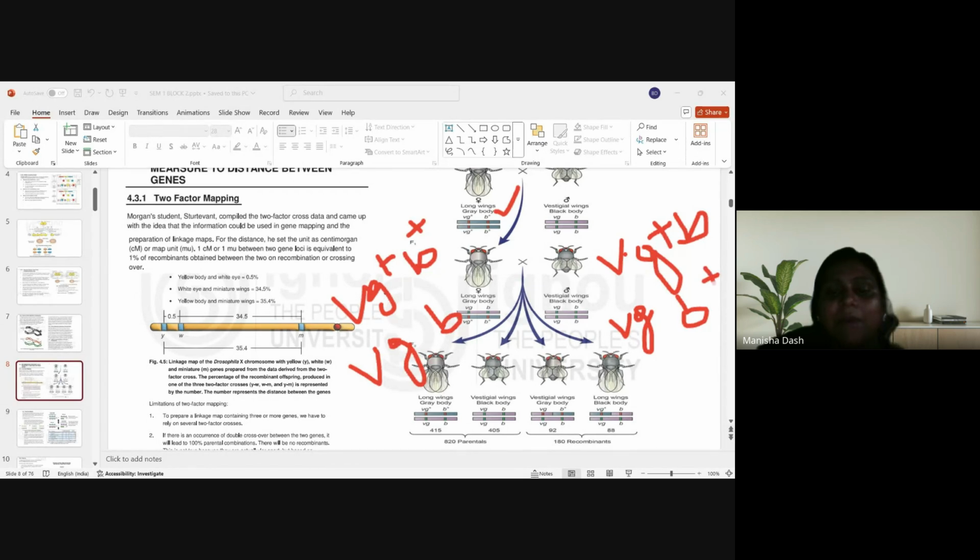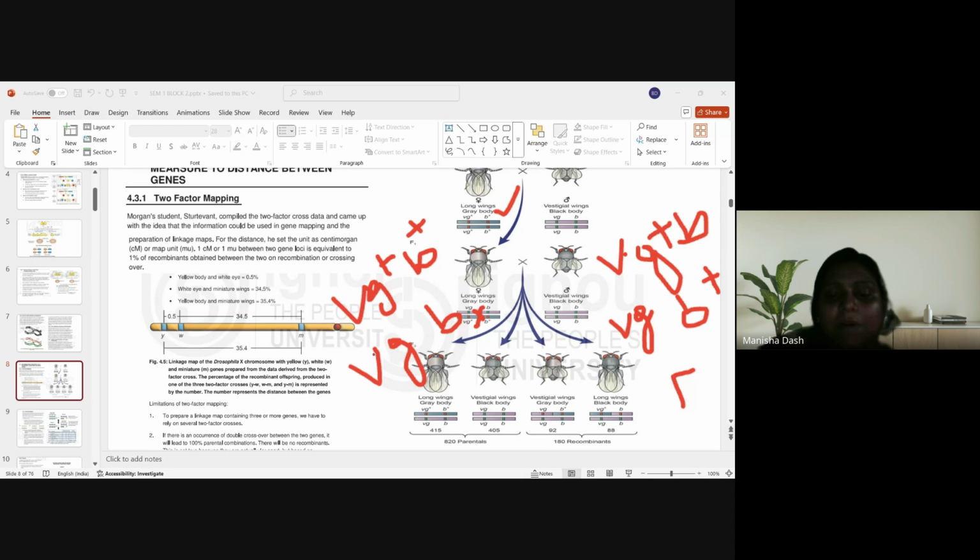So when gametogenesis takes place, either there will be no recombination, and the chromosomes will separate with the original combinations, or they might undergo crossing over, where you will have a combination like this, vg and b plus and vg plus and b, where these segments have been exchanged. So accordingly, you will have 4 different types of progeny in the F2 generation.